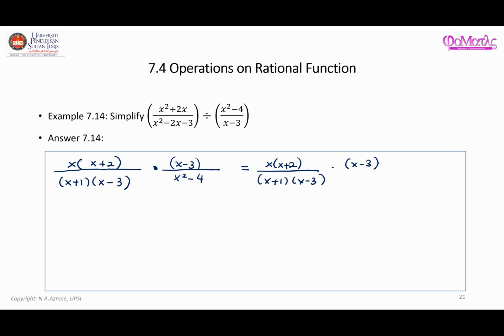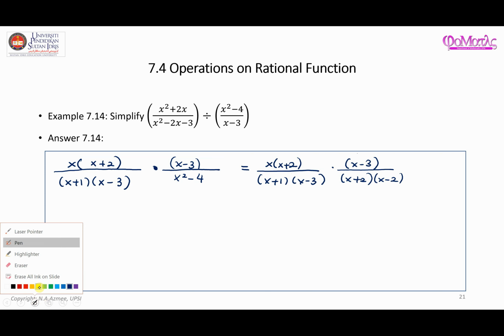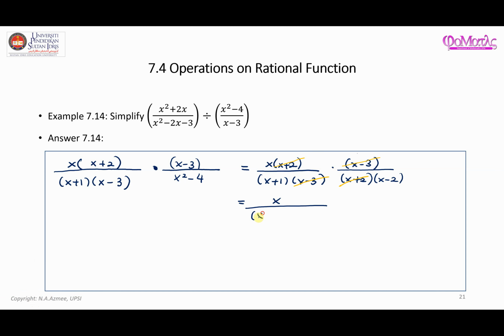Now x squared minus 4 can be factorized into x plus 2 and x minus 2. Next, you can just cancel out the common expressions, x plus 2 and x plus 2, x minus 3 and x minus 3, and you are left with the final answer, which is x over x plus 1 times x minus 2.